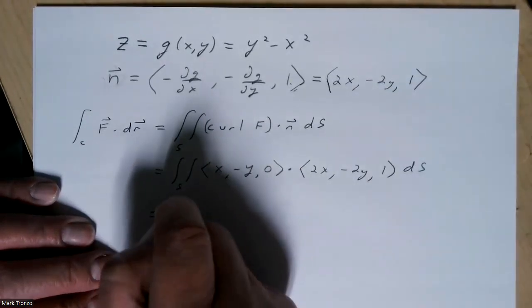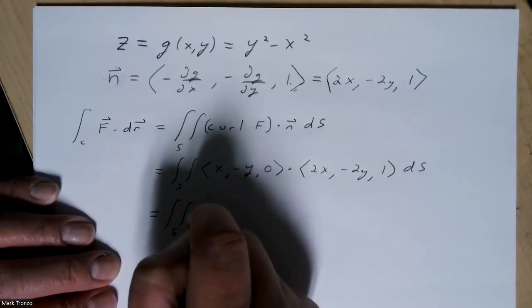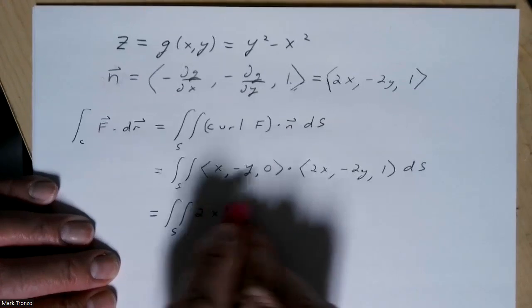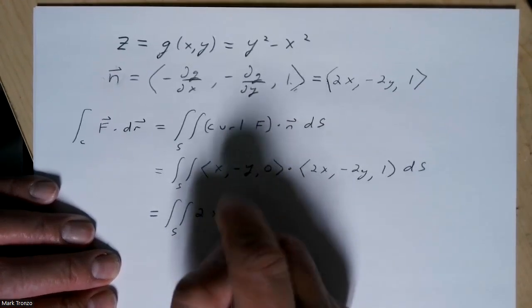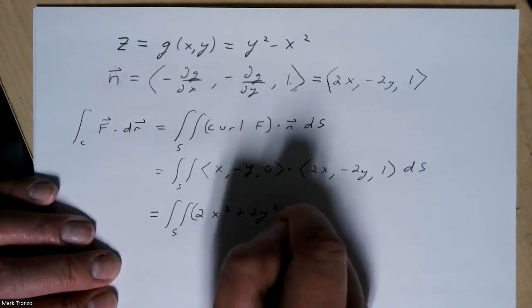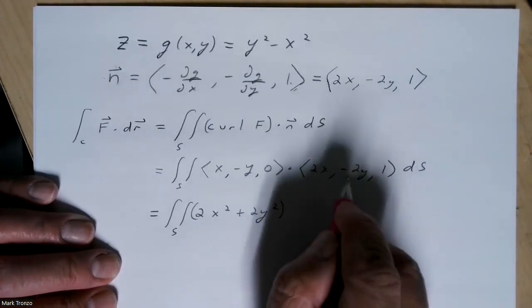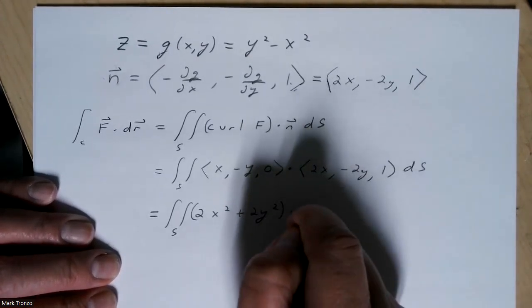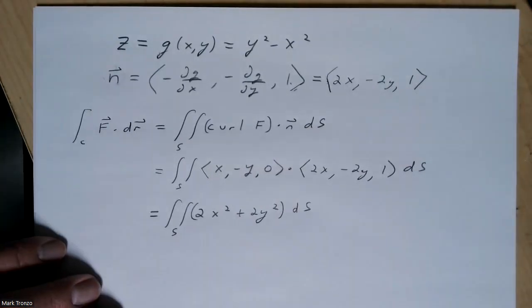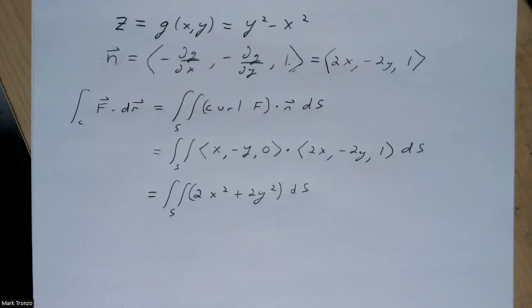Multiply this out. That'll give us 2x squared plus 2y squared plus 0, dS. So now we have to integrate this. Remember, we integrate over our domain.